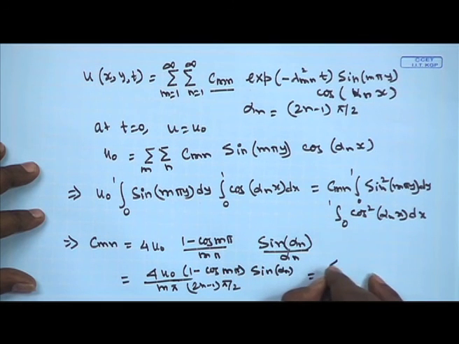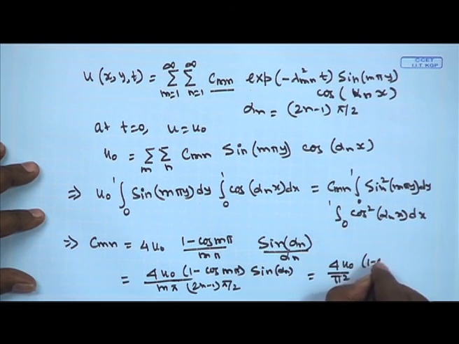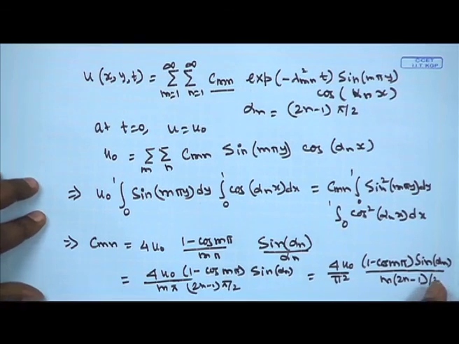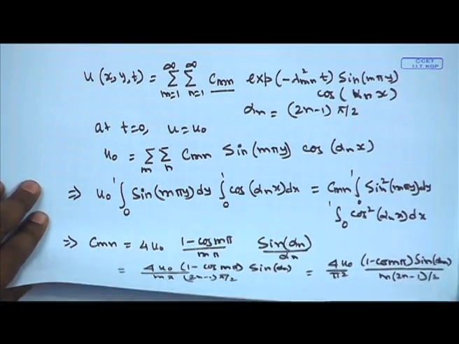So, this will be 4 u naught over pi square, (1 minus cosine m pi) sin alpha_n divided by m times (2n minus 1) by 2. So, we will be getting the complete solution.